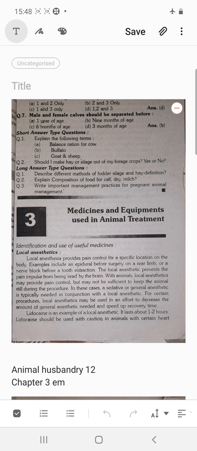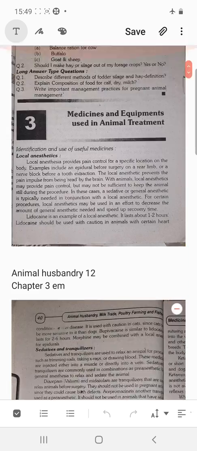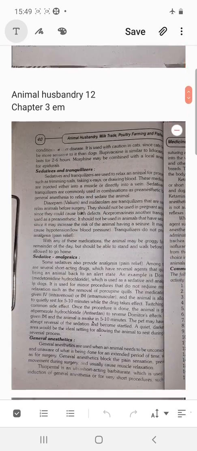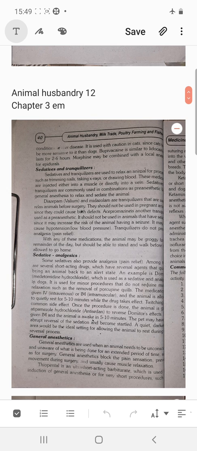Identification and use of useful medicine: local anesthetics. You are well aware that anesthetics are used for medical purposes. By anesthesia, animals are used for surgery.